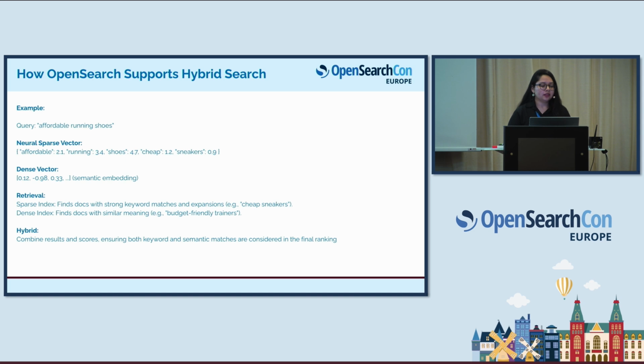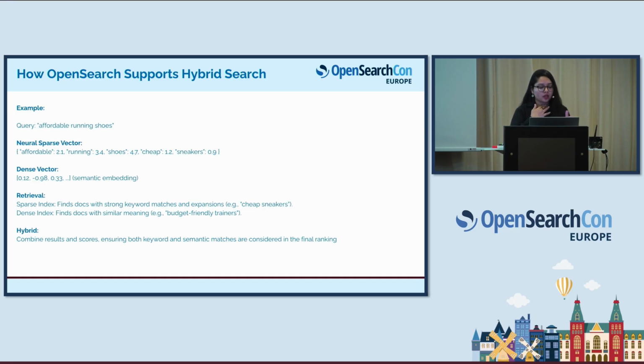So again, the same example: the user puts in a query, affordable running shoes, and with neural sparse, it will return something like affordable. Basically, it will assign weights to each individual keyword, and with dense vector, it will convert it into a vector form, and it's called a semantic embedding.